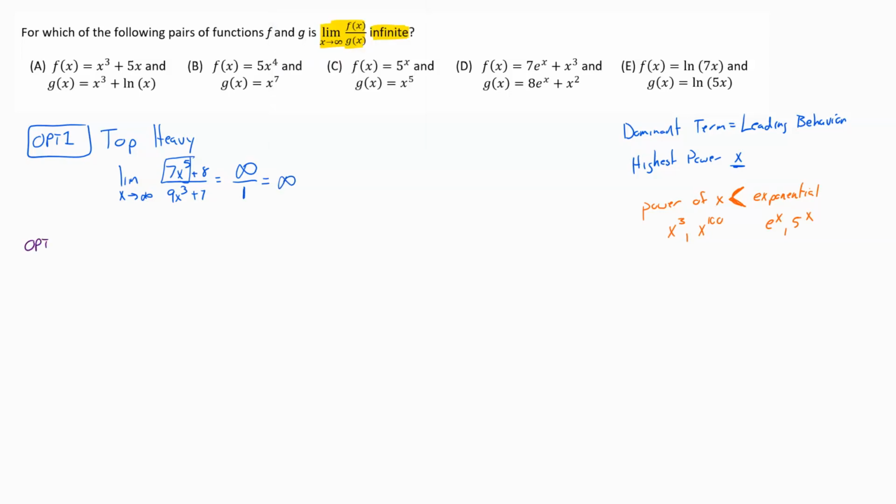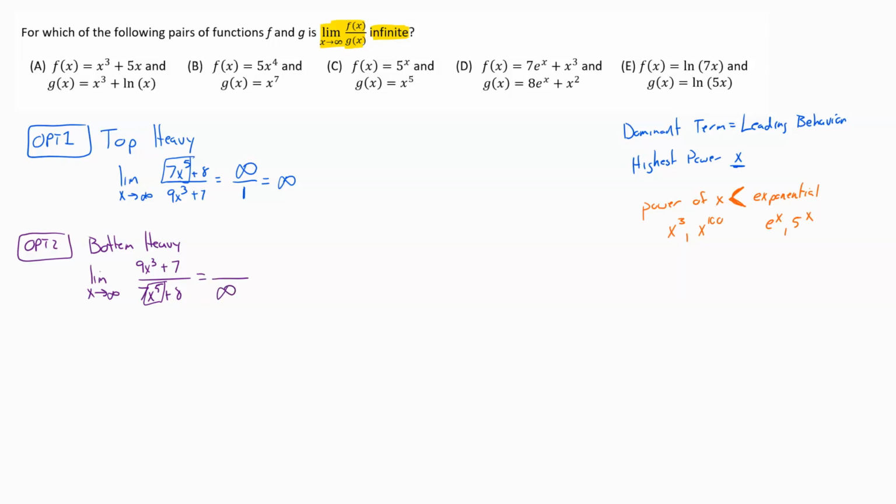Option 2, and we're going to talk through all of them because you might run into problems that aren't asking for infinity. Option 2 is the reverse of option 1. This is what I call bottom heavy. In that scenario, the bottom of the fraction is where your dominant term lives. So if you had 9x to the third plus 7 over 7x to the fifth plus 8, and that dominant term is on the bottom, you essentially have the flip of what we just had.